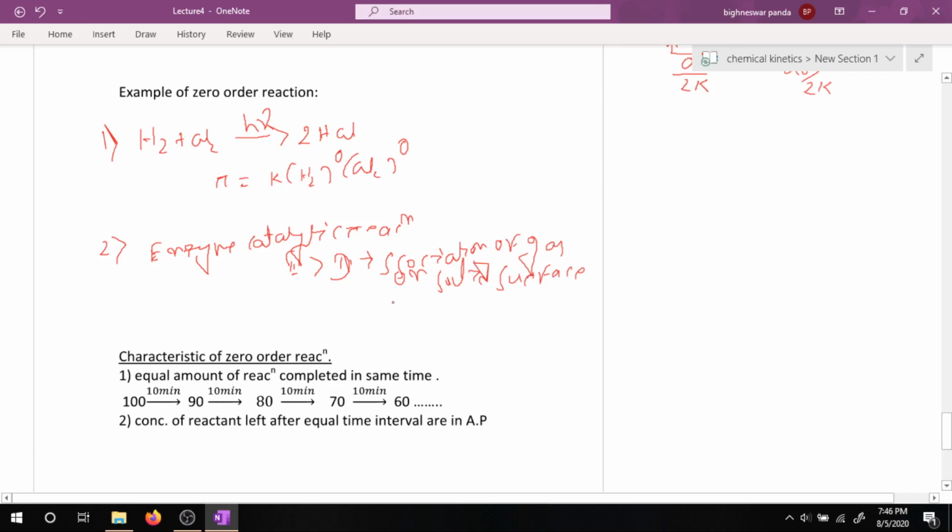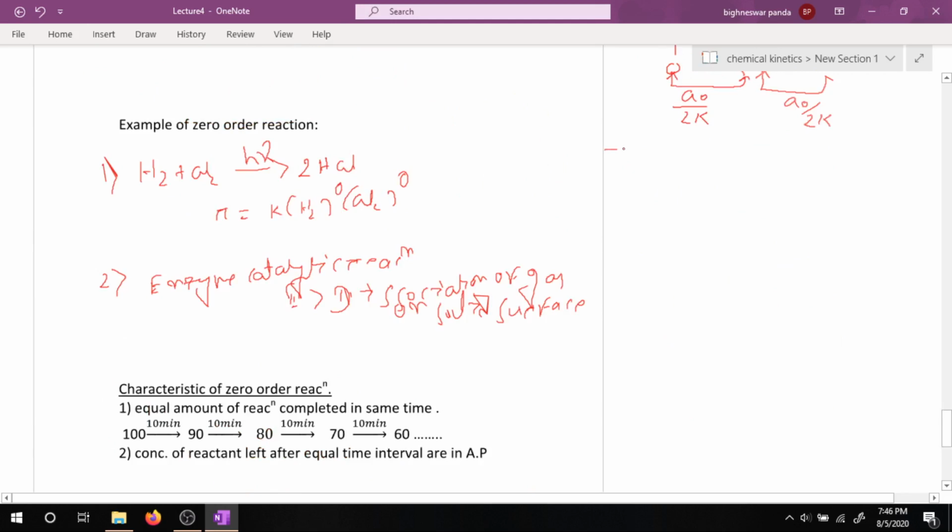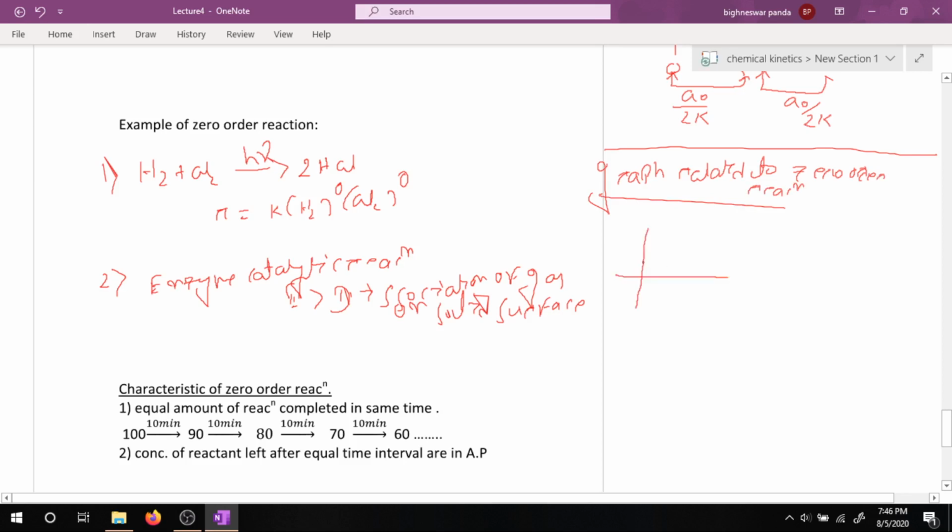Then graphs related to zero order reaction. What are the graphs related to zero order reaction? First graph is rate versus concentration.